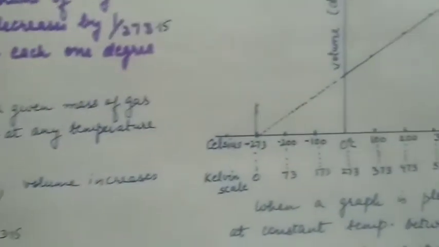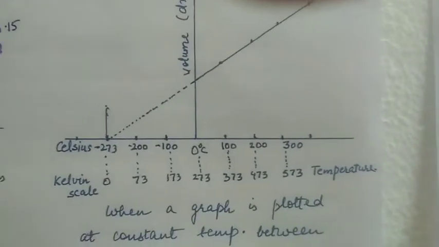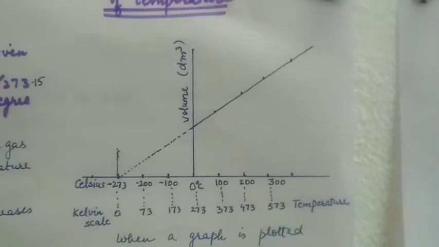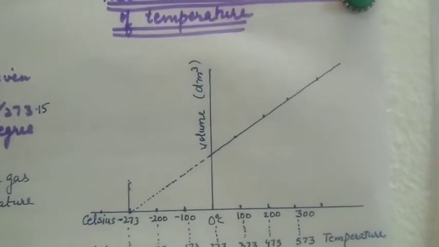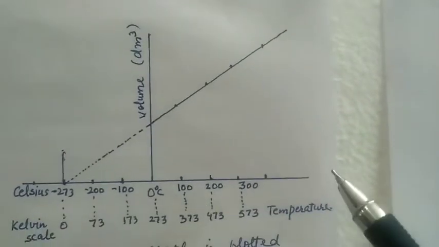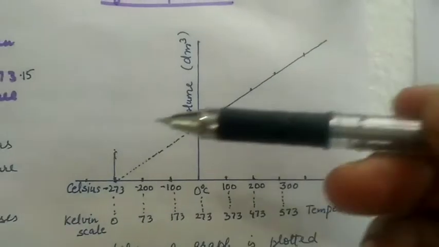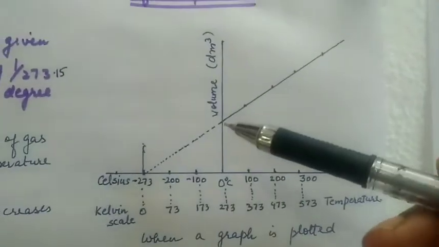On plotting a graph between volume and temperature of a gas at constant pressure, we get a straight line. So here you see that with the increase in temperature, volume is increasing. Similarly, if temperature is decreased, volume is decreasing.